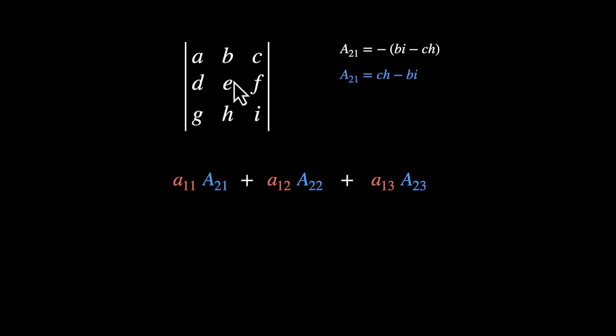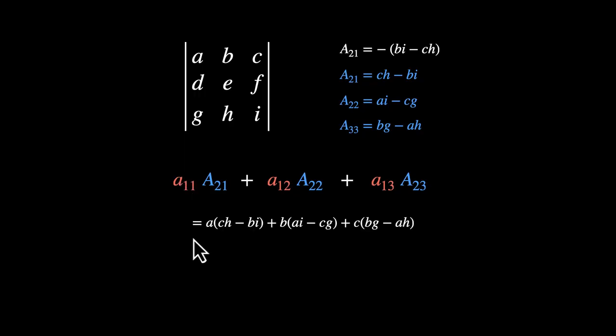It stays positive. This sign is plus. So A22 is ai minus cg. Then we have A23 for this element. We have ah minus bg. That's the minor with a negative sign because plus minus plus, minus plus minus. So A23 is going to be the negative of that. That's bg minus ah.